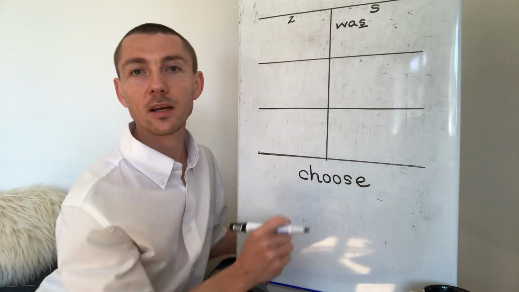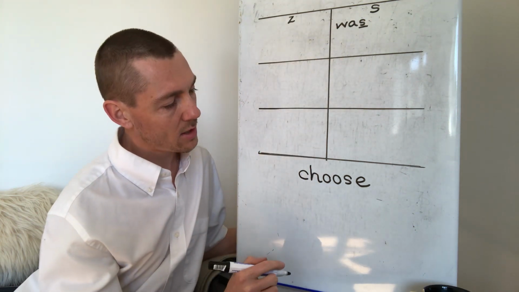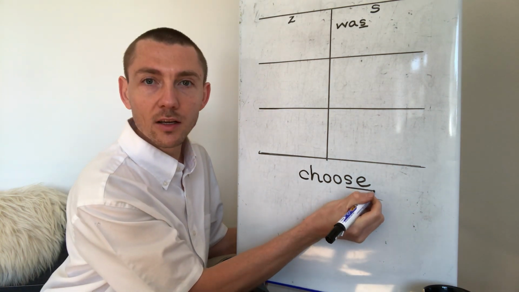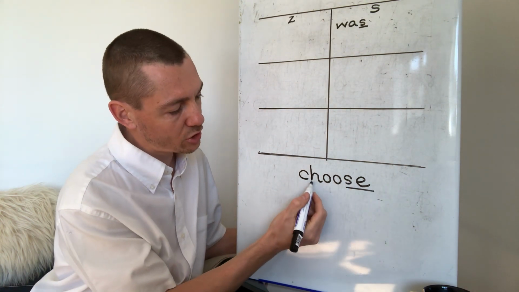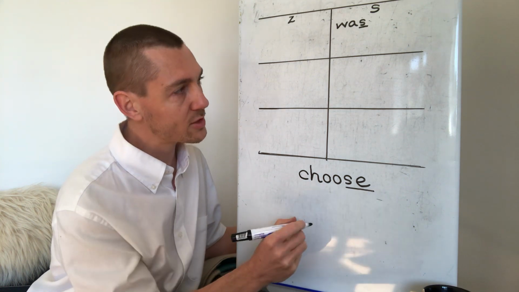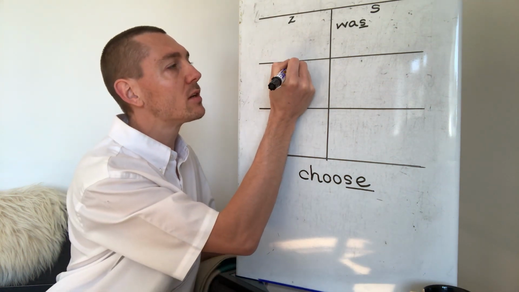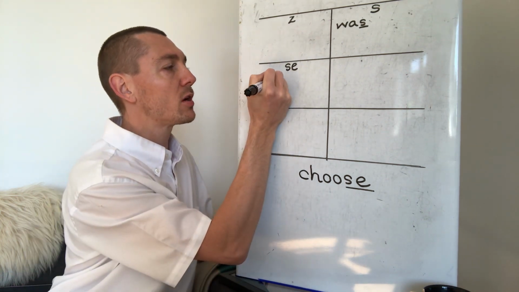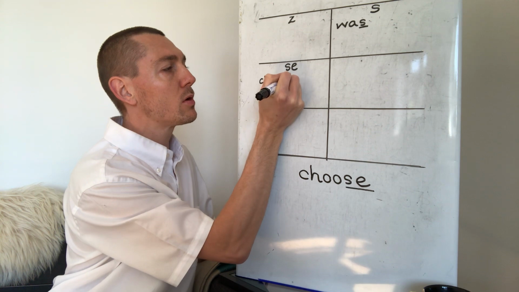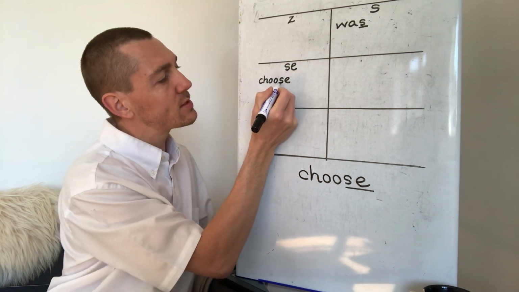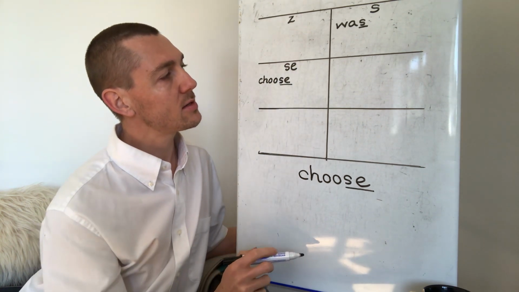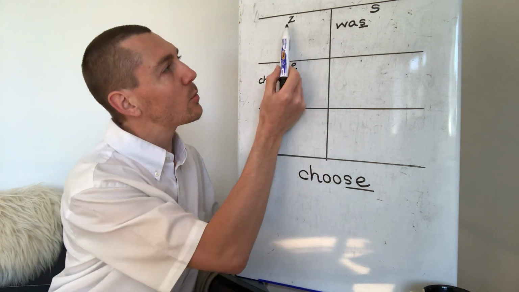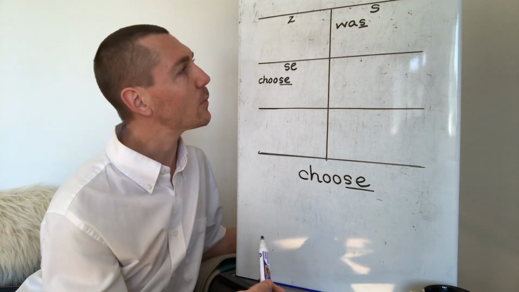Do we already have the spelling of Z in choose? No, we don't, because in this word, it's the SE spelling of Z at the end of there. Ch, oo, Z. 2 letters, but just 1 sound. So that's our third section. And we say ch, oo, Z. Choose. So we've got 3 different spellings of the Z sound so far.